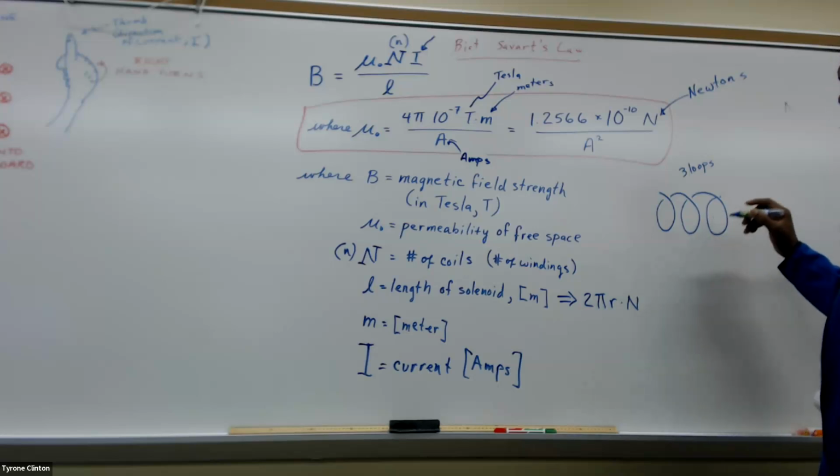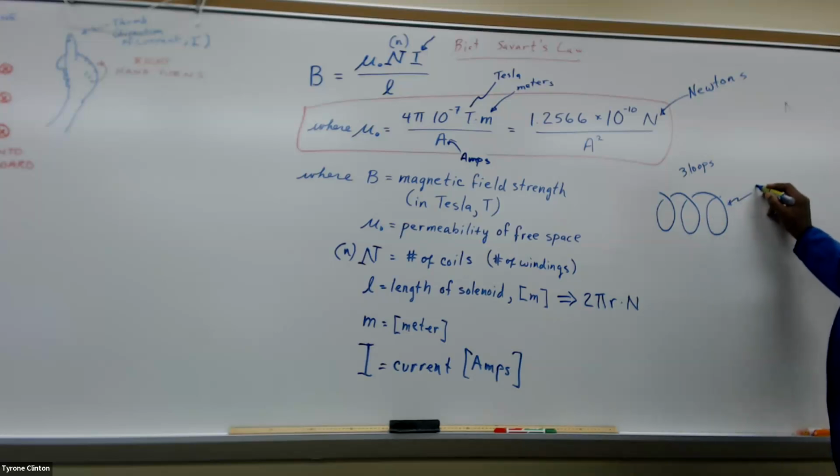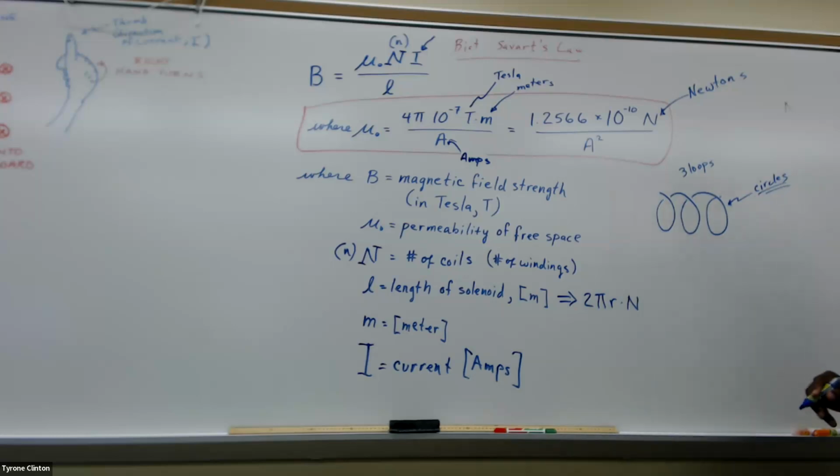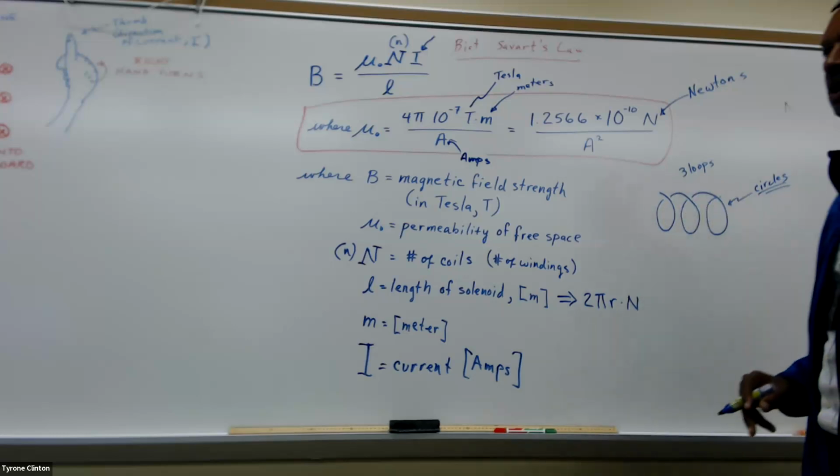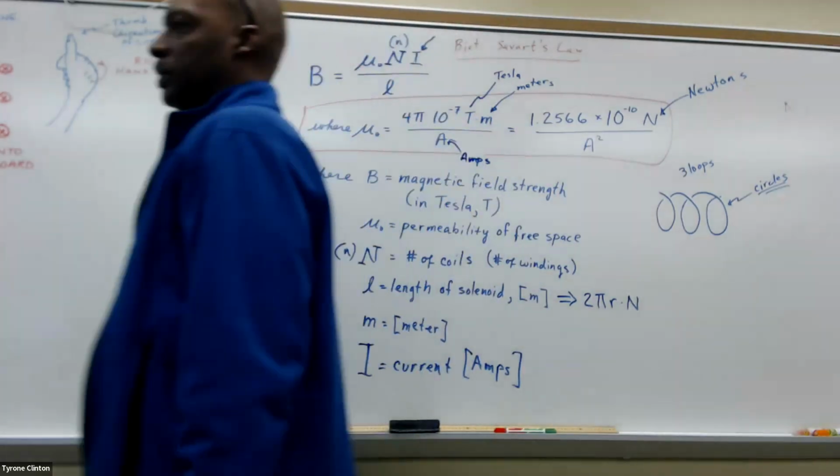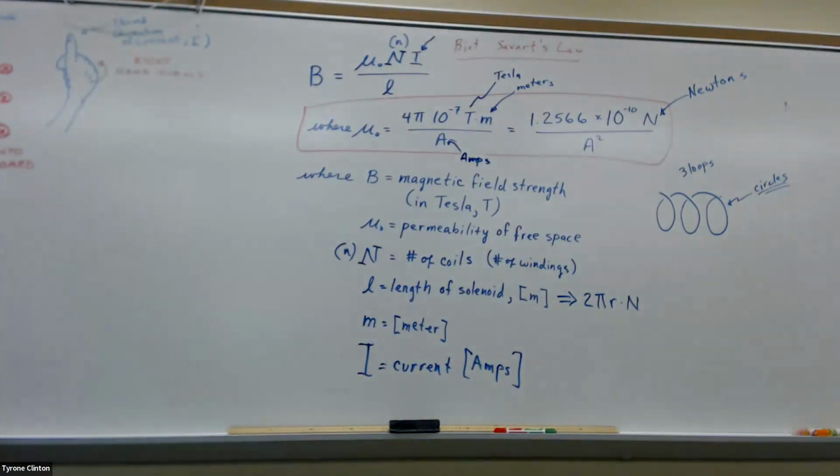Well, assume that these are circles, and figure out how far it is through one loop. How would you figure out how far it is around one loop, class? 2 pi r. Wait, that's for L, right? Correct. Okay, so L is the circumference of one loop.